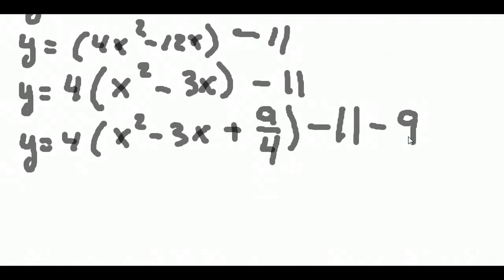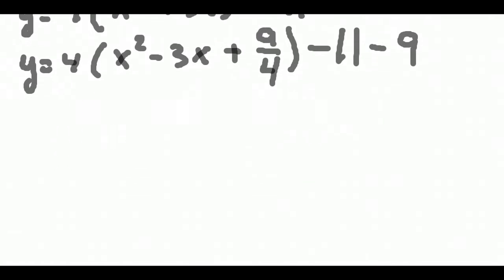Very good. So we added 9/4, so now we need to subtract it. So now we have y equals 4 open x squared minus 3x plus 9/4 close minus 11 minus 9.